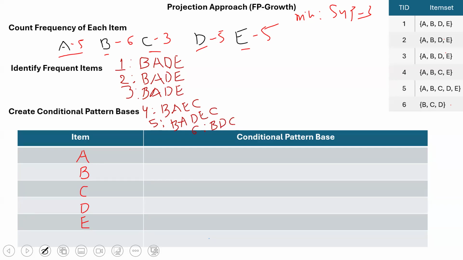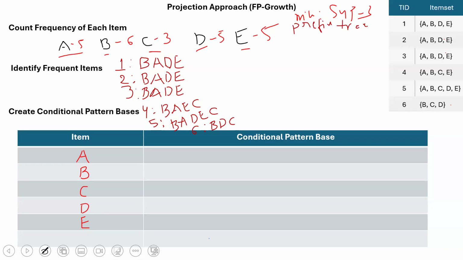Now we construct the FP tree. We construct the prefix tree. This is called a prefix tree. This is becoming clumsy here, with the space.